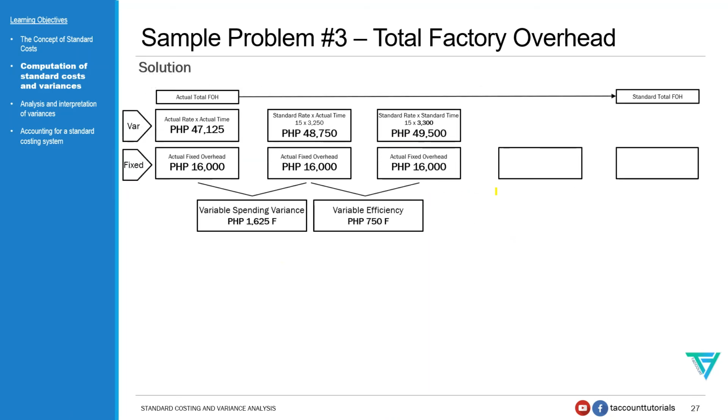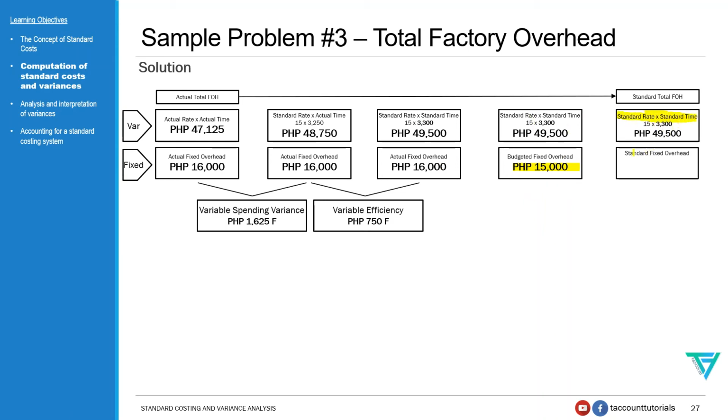So if you go back here, after we've plotted the budgeted fixed overhead of 15,000, we could already analyze the fixed spending variance, right? But just to continue the analysis, we could still extend the variable factory overhead to the right, and then now compute for the standard fixed overhead. Okay, so as we discussed earlier, standard fixed overhead is also the standard cost applied to actual production, which means we should also try to get the total hours allowed for actual production in terms of standard fixed overhead, right?